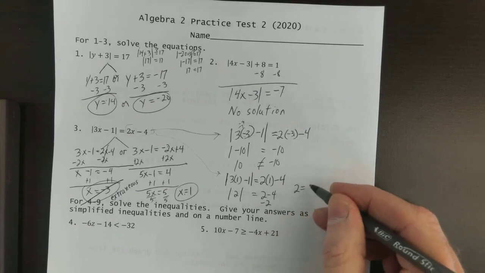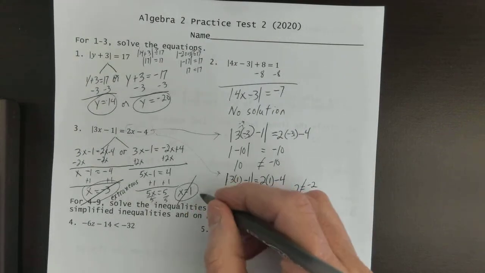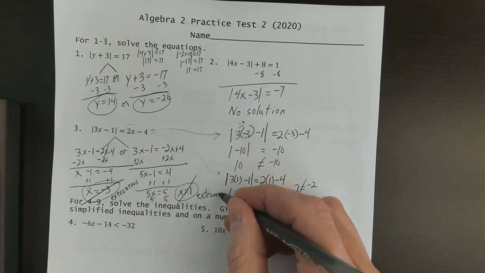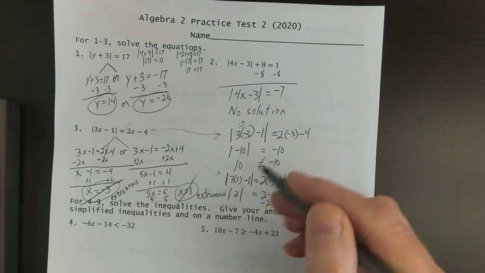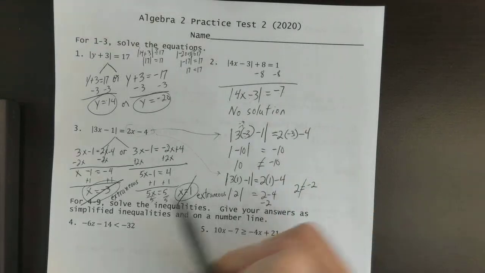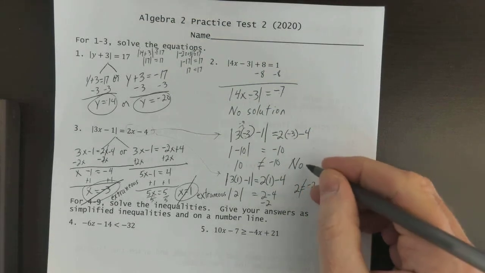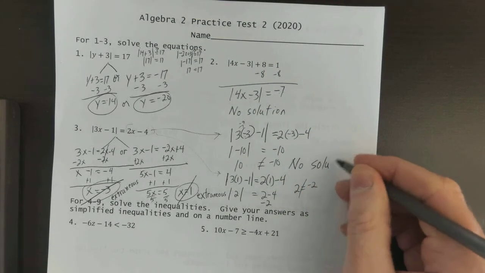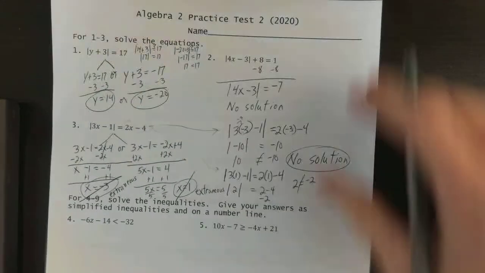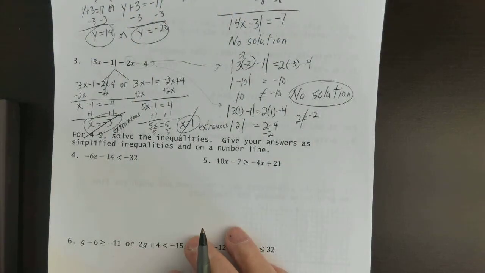Does 2 equal negative 2? That does not. So that is not a solution either. If I did all my steps in the equation right and we were going to have a solution, it would have been one of these two. So this is the second time we're going to write no solution, because our 2 possibilities are extraneous. Alright, well, number 4.